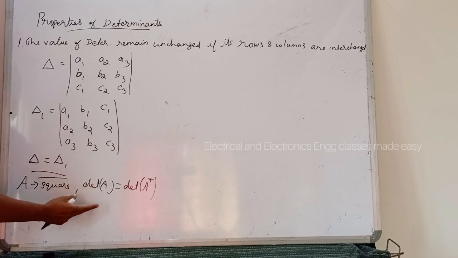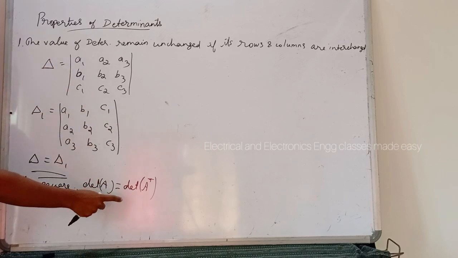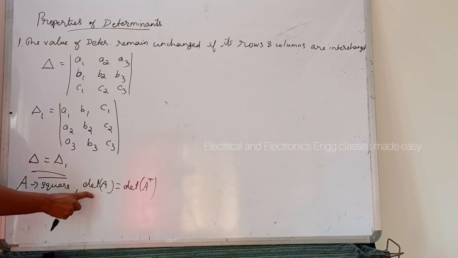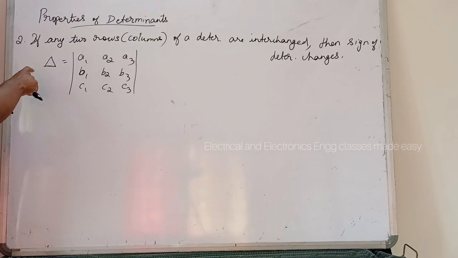So, the determinant of a matrix is equal to determinant of that matrix transpose.